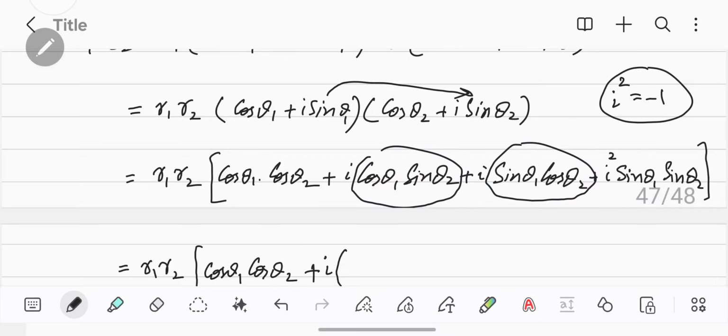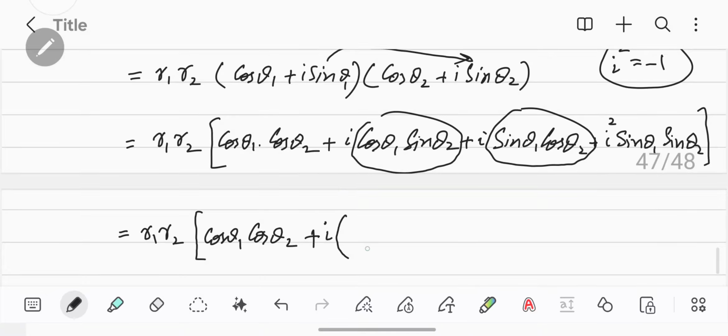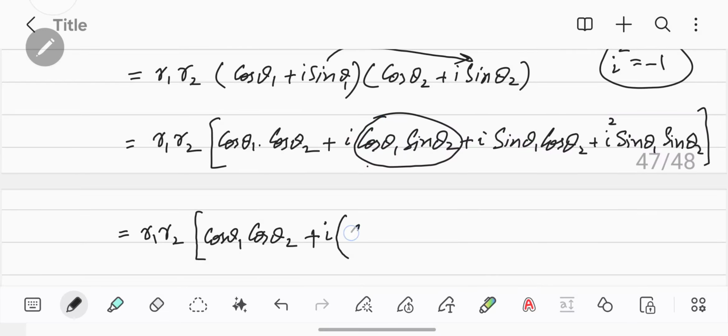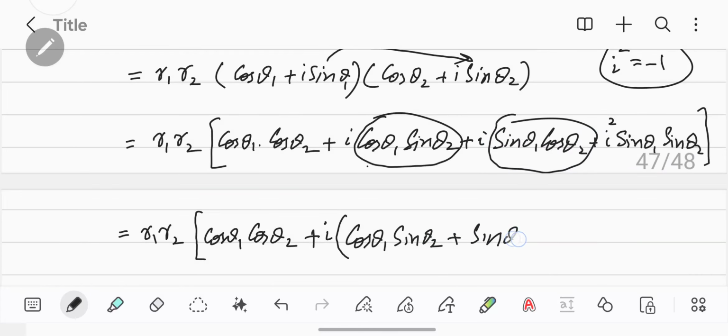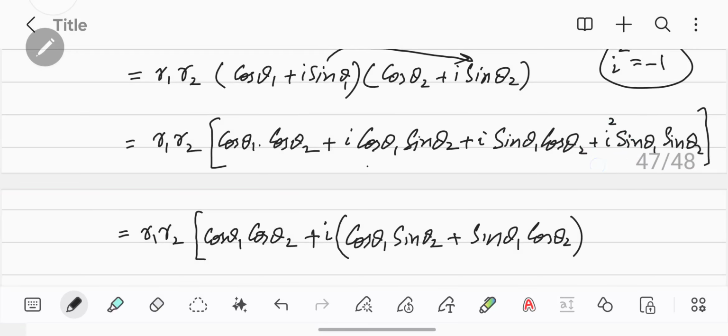So this one is cosine theta 1 sine theta 2, and this is sine theta 1 cosine theta 2. And this i squared is minus 1, so here I will write minus sine theta 1 sine theta 2.